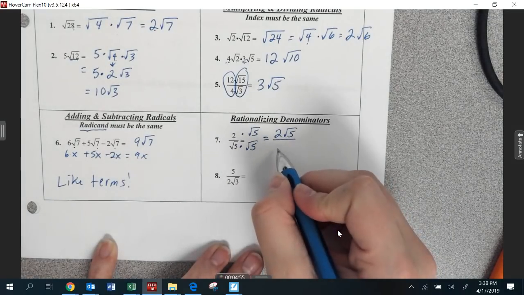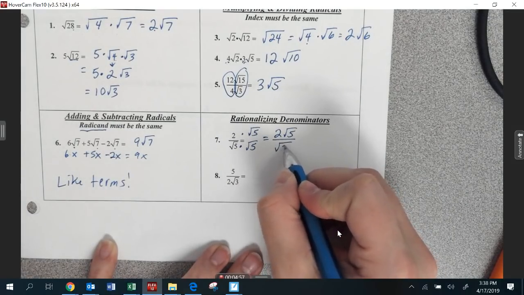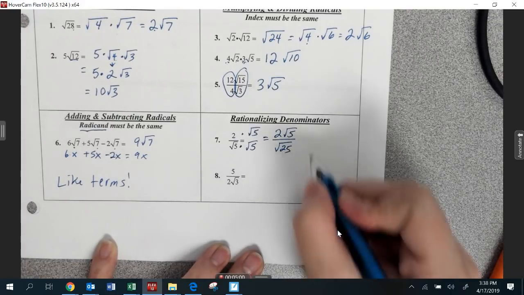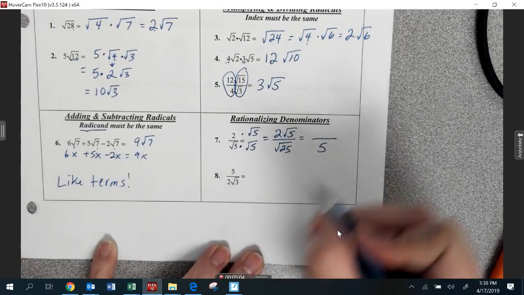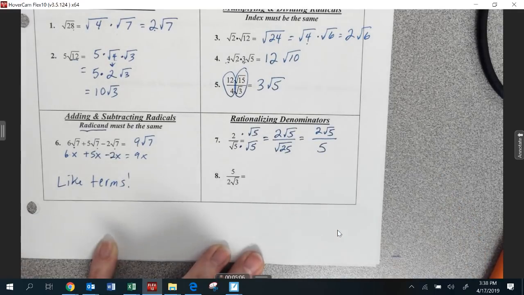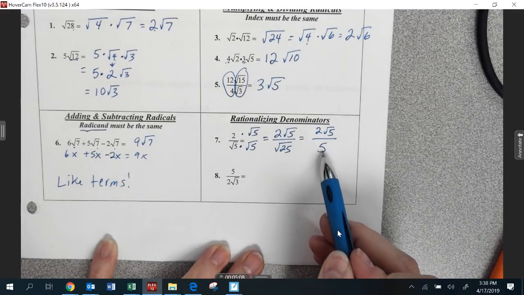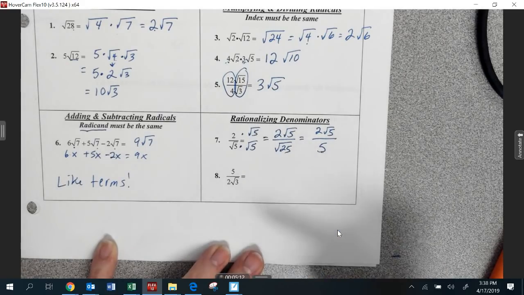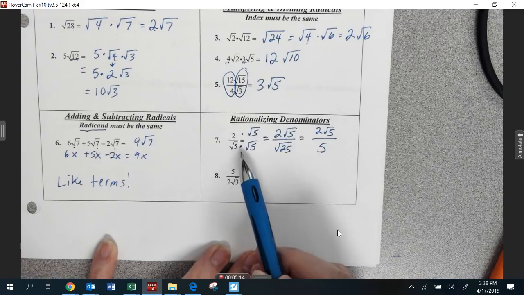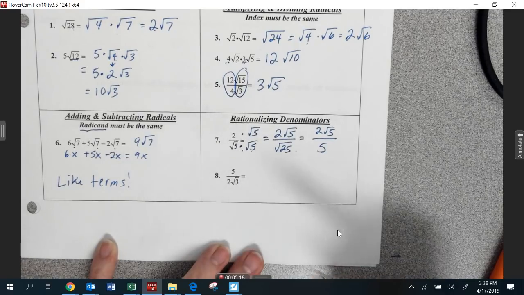But I can multiply the square root of 5 times the square root of 5 and get the square root of 25, which then simplifies to the integer 5. On the top, I'll have the square root of 5. Because this simplified to 5, no longer with a radical, I've successfully rationalized my denominator. And making that happen was why we picked this radical to begin with.